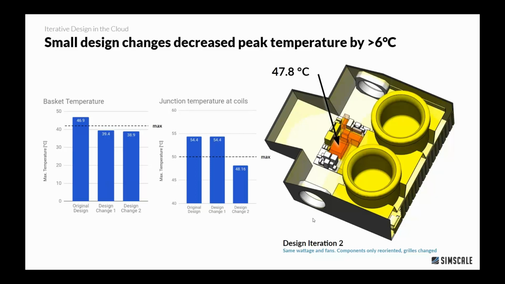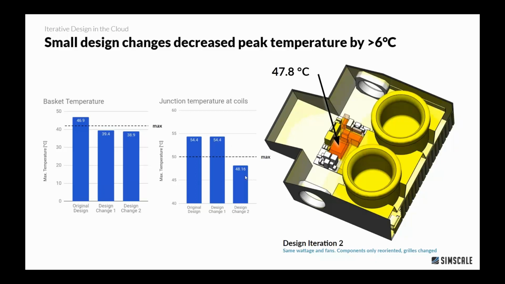It models the local heat transfer coefficient between each part and the air above it as a function of local velocity, material combination, etc. So it's a sophisticated type of analysis that allows us to predict these temperatures with very high accuracy. And so we can gain not just qualitative, as we've seen, but actual quantitative information from such a simulation. The two things we cared about were the basket temperatures, at the inside towards the enclosure, as well as junction temperature of the coils.